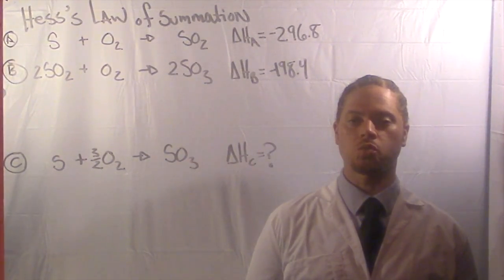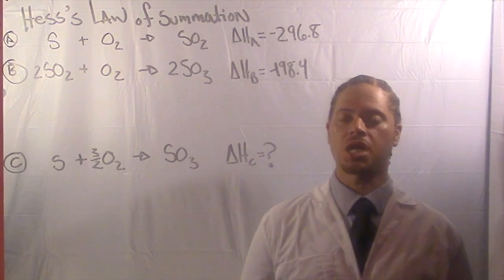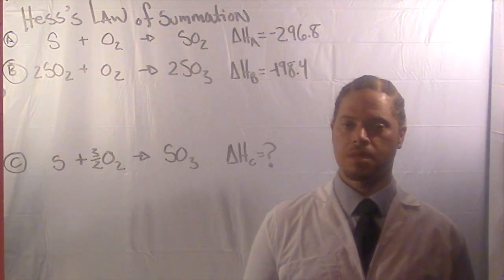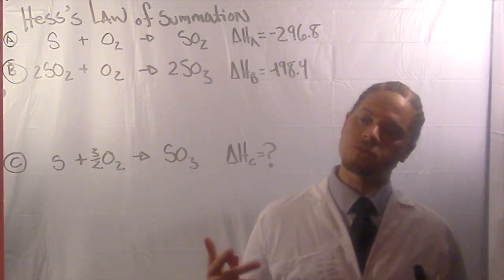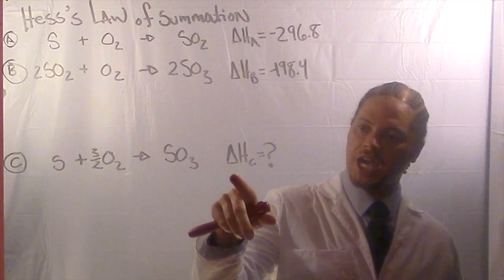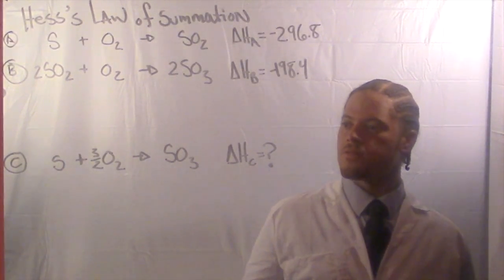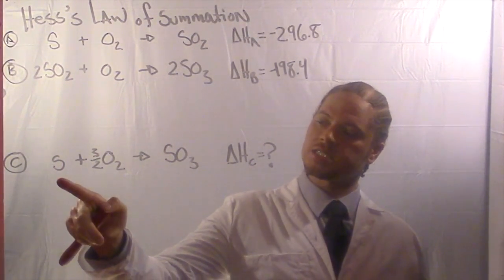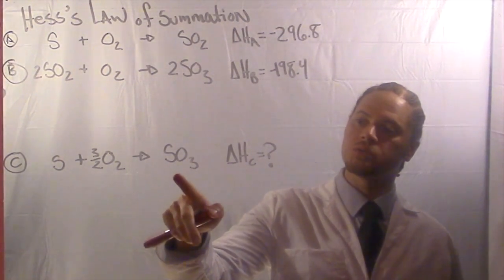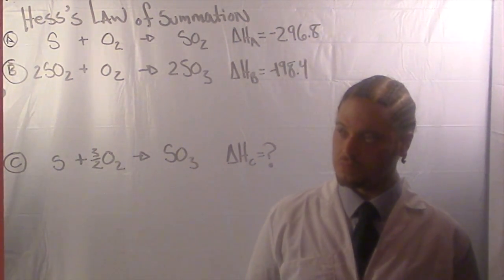Most literature will provide you with the change of enthalpy for most simple reactions. Now, this question is asking us, what is the change of enthalpy as S is added to 3/2 equivalents of O2 to produce SO3?